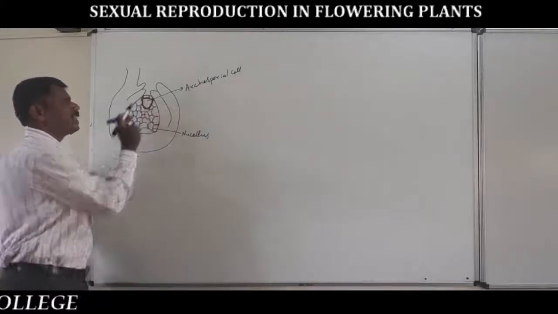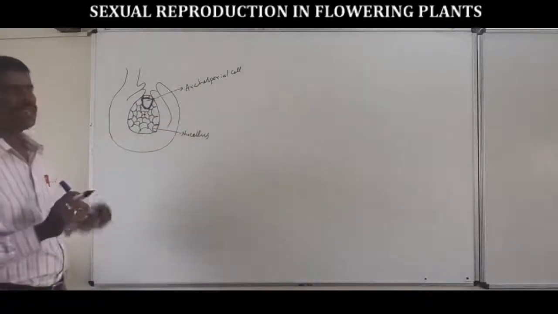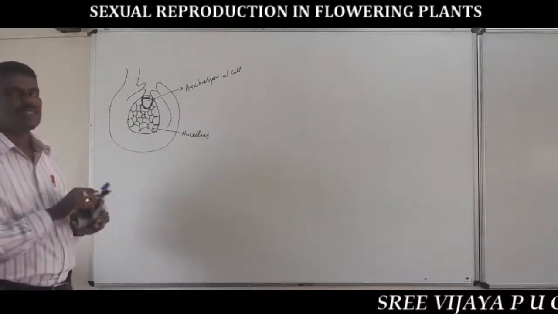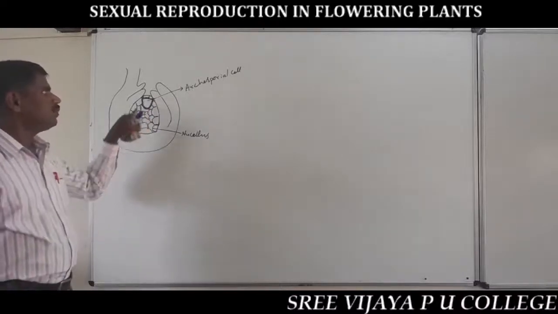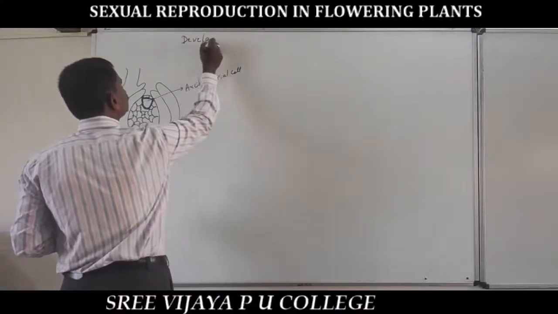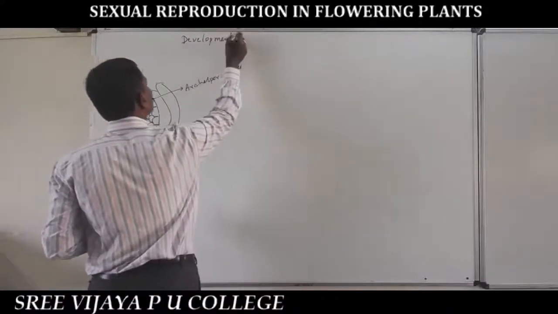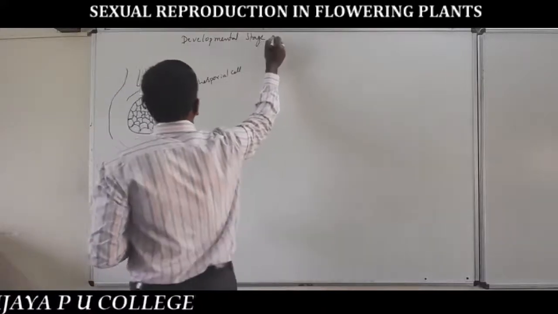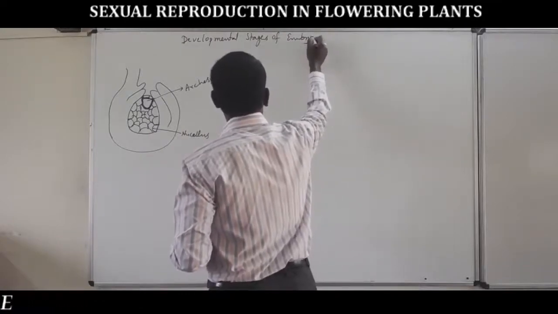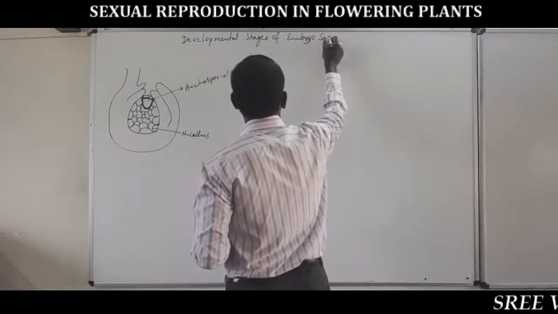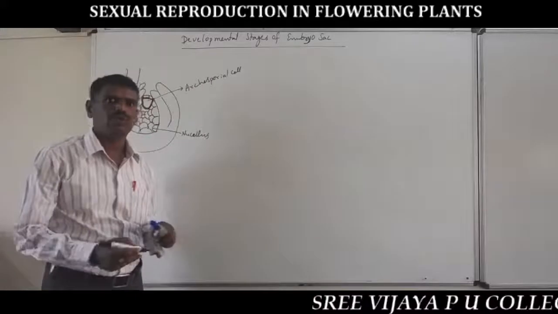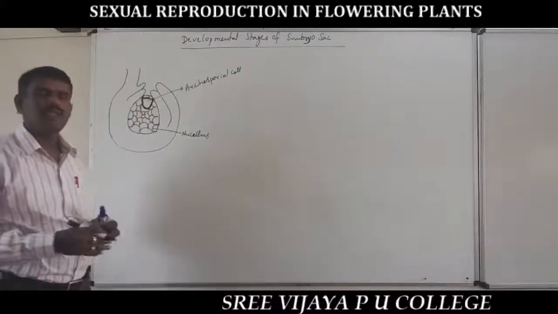The cell that appears larger is the archesporial cell, which later converts into the megaspore mother cell. So here, the nucellus cells lead to the developmental stages of the embryo sac. Very important for the exam, or even for NEET or CET.